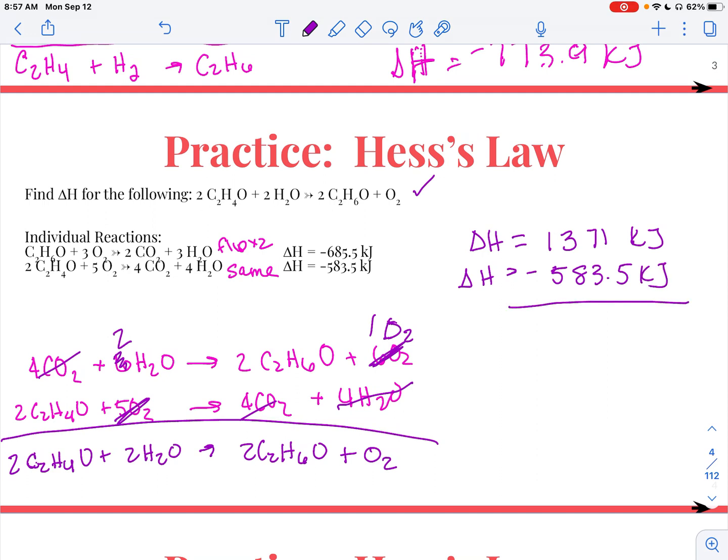So when we add those together, you get this. If you haven't tried the next one, go ahead and pause the video and do that one. Try it on your own first, and then come back and see the answer.